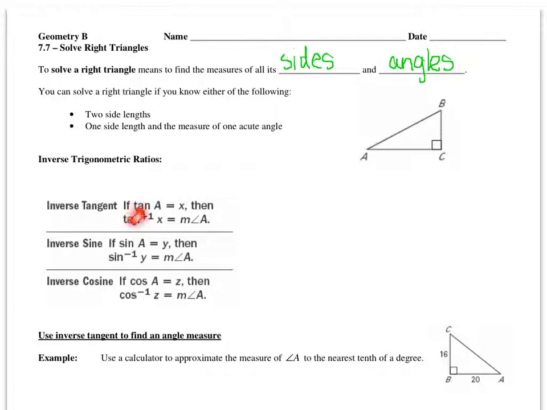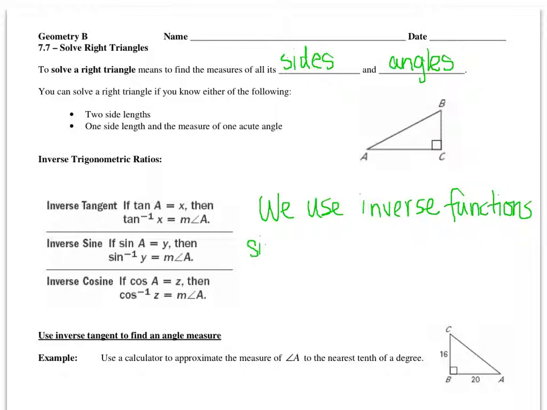So if we're trying to find the tangent of an angle here, and we've got a number on this side, we're going to use what we call inverse tangent to find our angle. So in other words, we use the inverse functions, and we write them inverse sine with a little -1, inverse cosine with a little -1, and then inverse tangent.